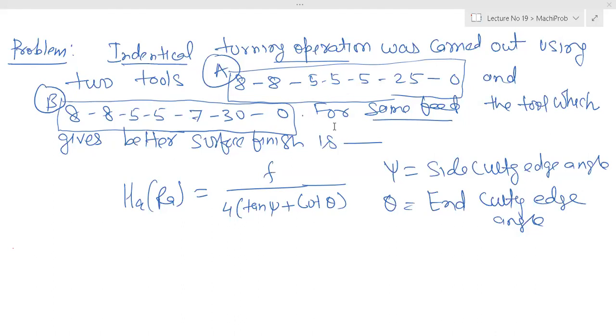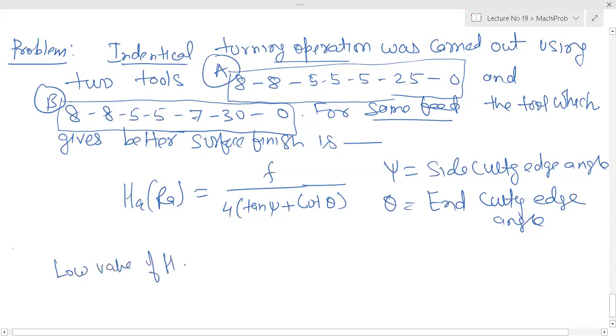So which tool will give better finish, tool A or tool B? A low value of HA means good.